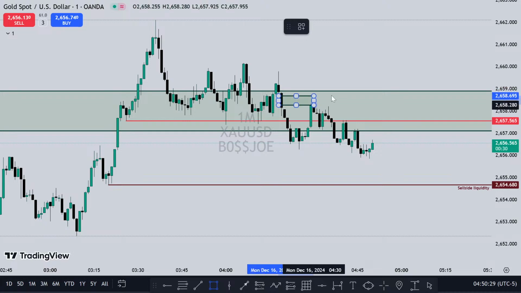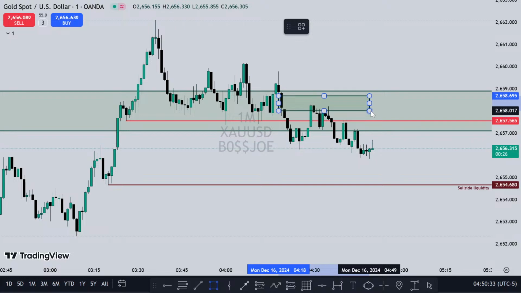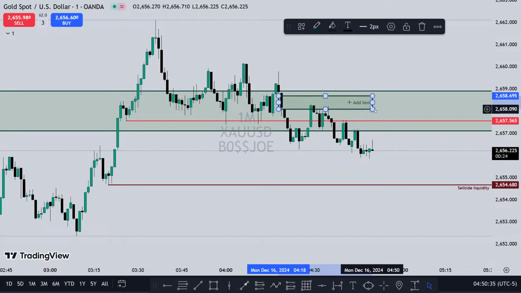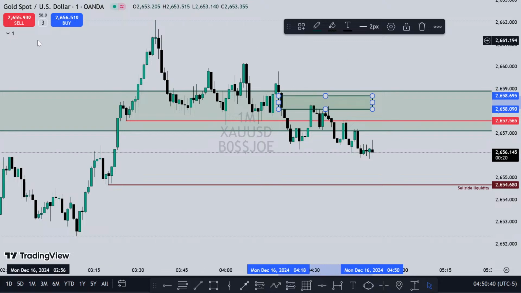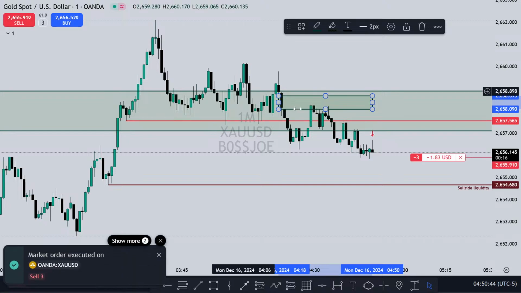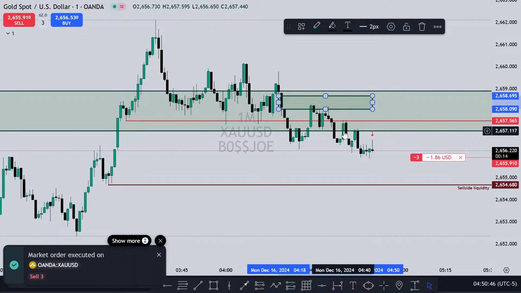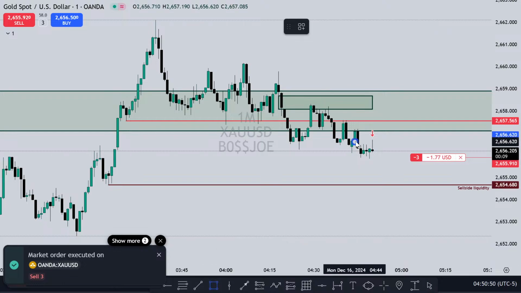If you notice that, there's a fair value gap right there. So that would have been a nice trade for you there. It's a late entry, but I'm still going to enter. I'm entering based off this fair value gap here. There's a little fair value gap right there.